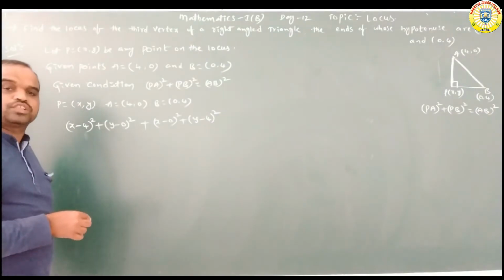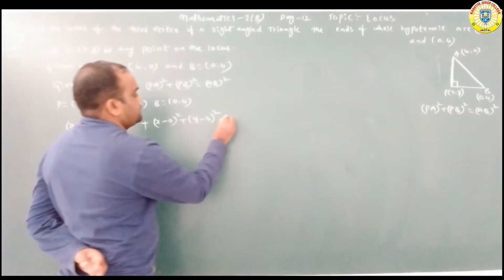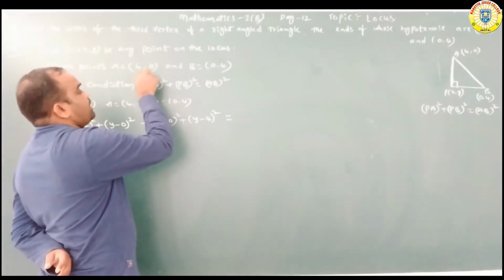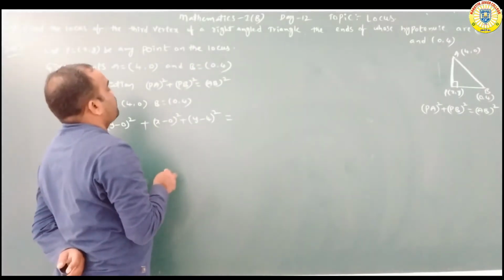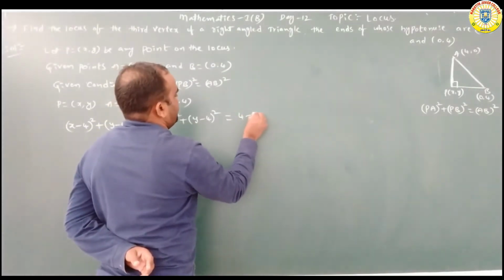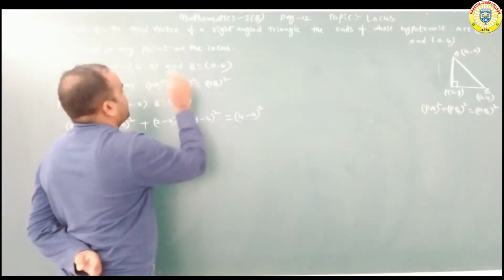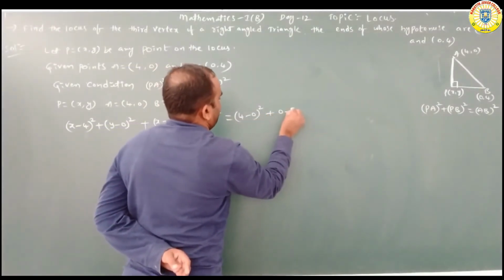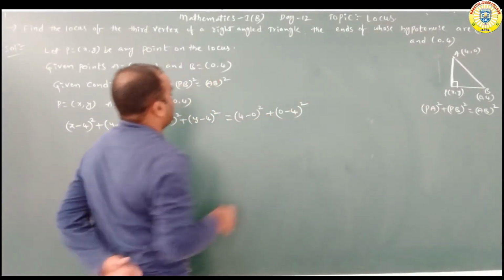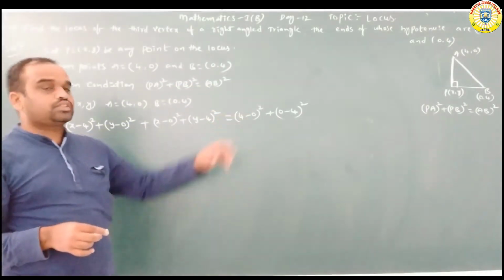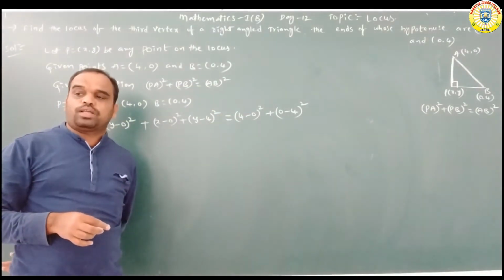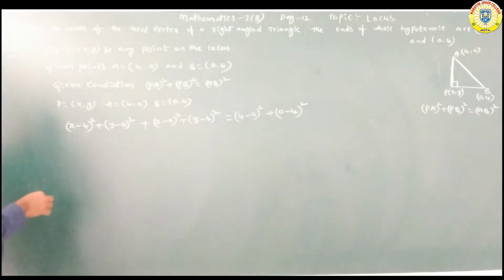Now PA square is equal to AB square. A is equal to (4, 0), B is equal to (0, 4). Here (4 minus 0) whole square plus (0 minus 4) whole square. Now we are simplifying this one.